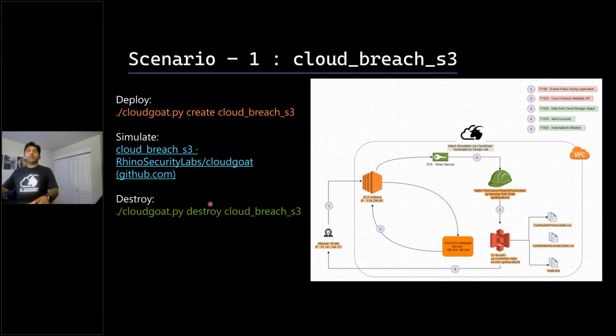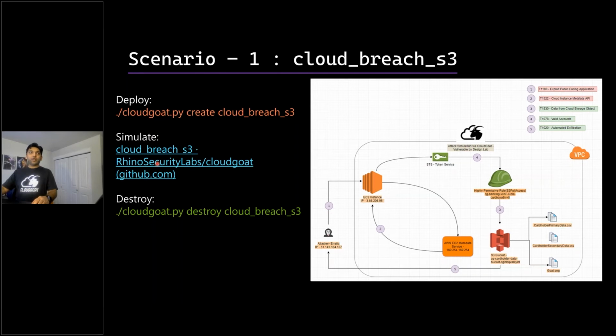From a CloudGoat perspective, you basically have three options. You will start deploying through the CloudGoat command line interface. It accepts two arguments. The first will be the action, which will be create, list, or destroy, and the second will be the actual scenario name. For the simulation, there is a cheat sheet available, which is nothing but the AWS CLI commands.